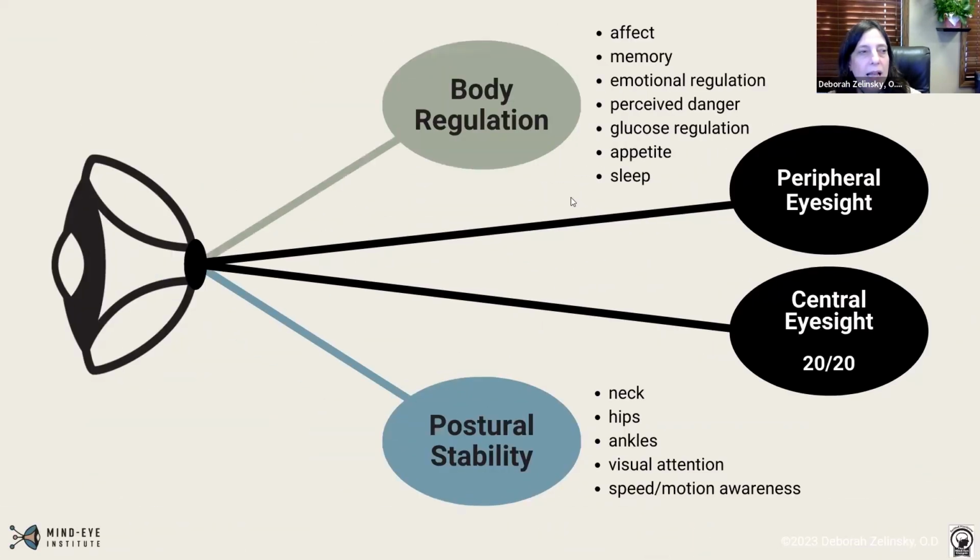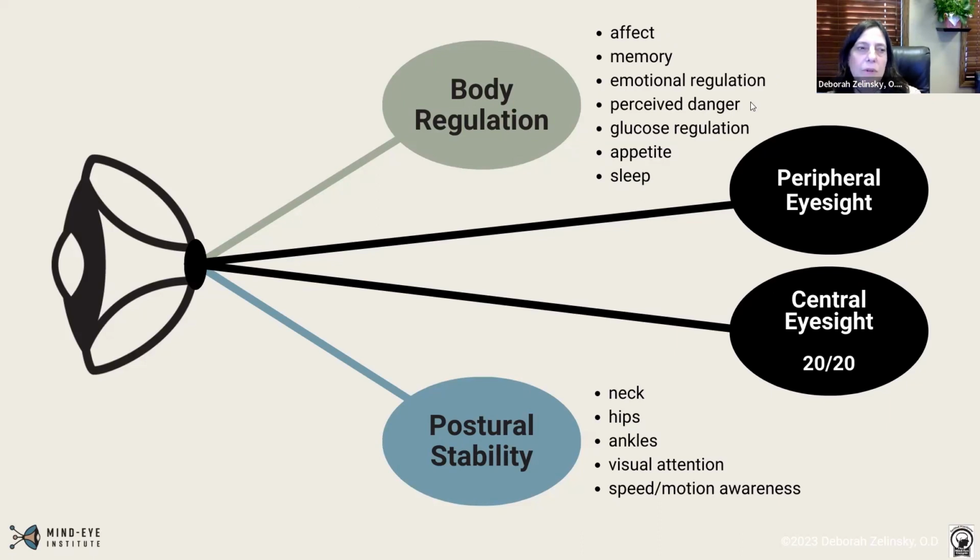Now, there's new pathways that were discovered about 20 years ago, but they discovered them in mice. And then they had to work their way up to rabbits and ferrets and eventually monkeys. And now it's known, but just in the last several years, that humans have all these retinal connections that are linked with your affect, memory, emotional regulation, glucose regulation.